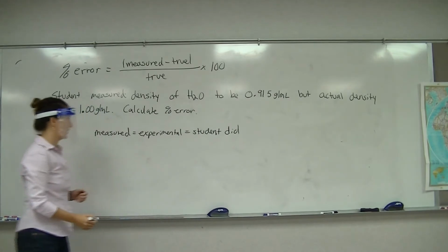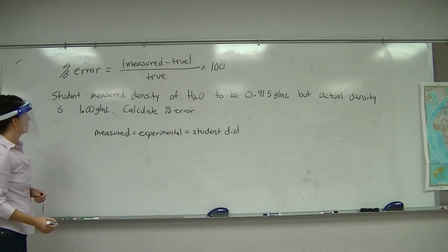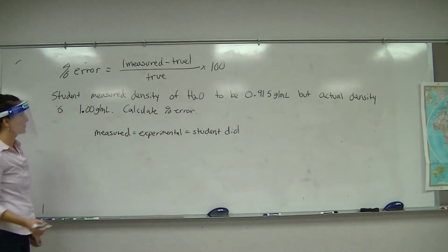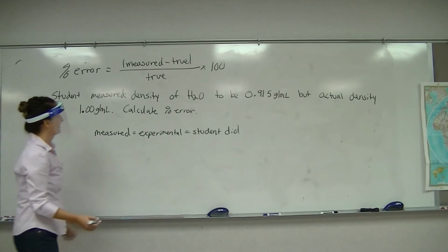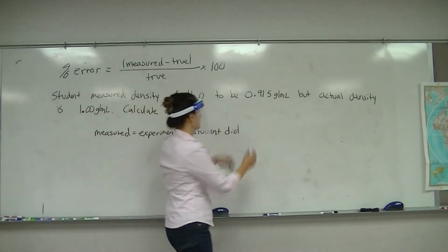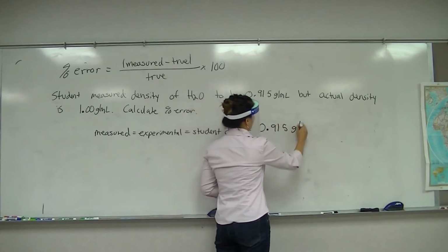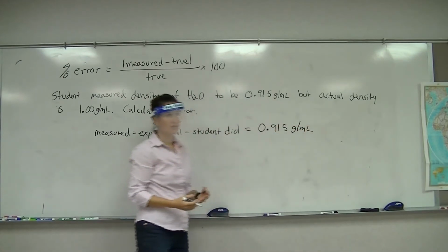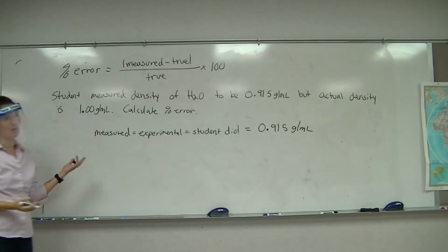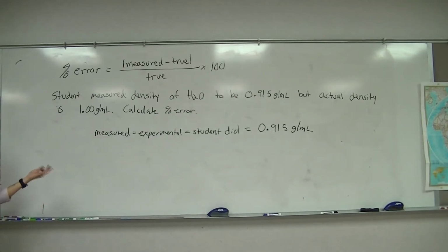That's how you figure that one out. So, which one of those numbers is the one the student did? The first one. So I'm just trying to give you clues to figure out which number is which so that we can plug it into the correct spot. Because it's really just a plug and chug problem. Once you know which number goes where, you just insert it in the equation.